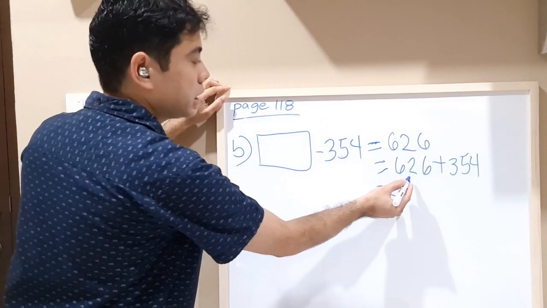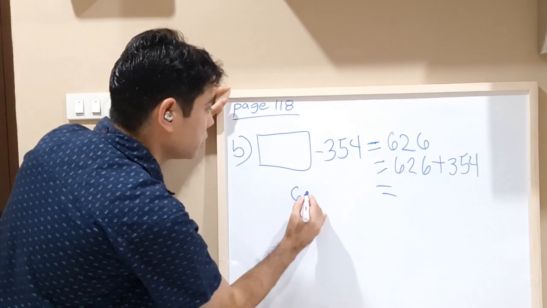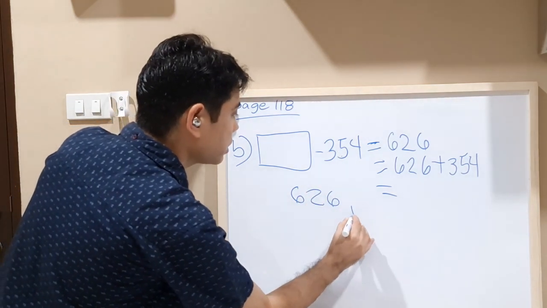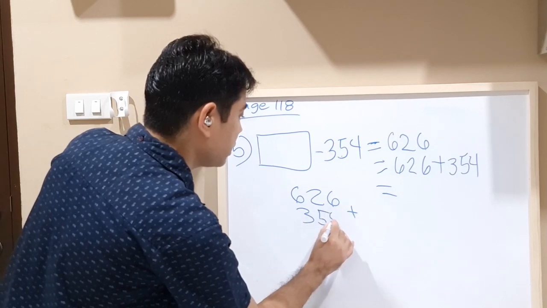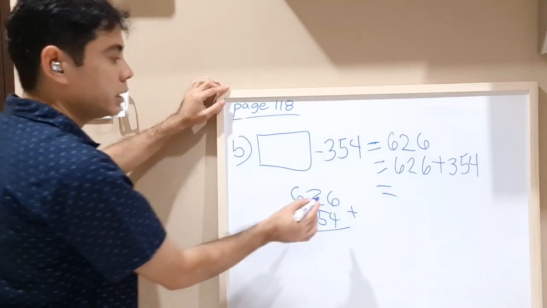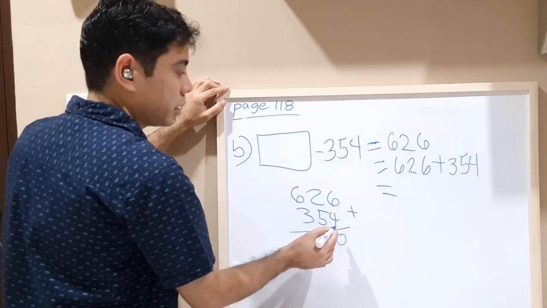Now, let us add. Okay, 626 plus 354. 6 plus 4, 10.